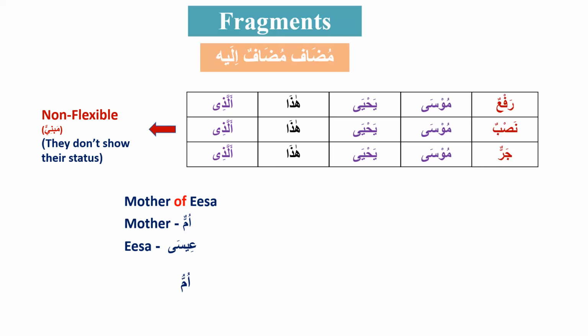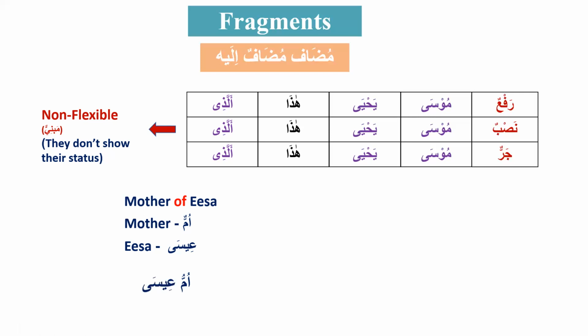It meets both conditions. And mudaf ilayh, Isa. So Isa is non-flexible, so it has to be in jar status. Here it's all Isa. So Isa. So that will be the one.